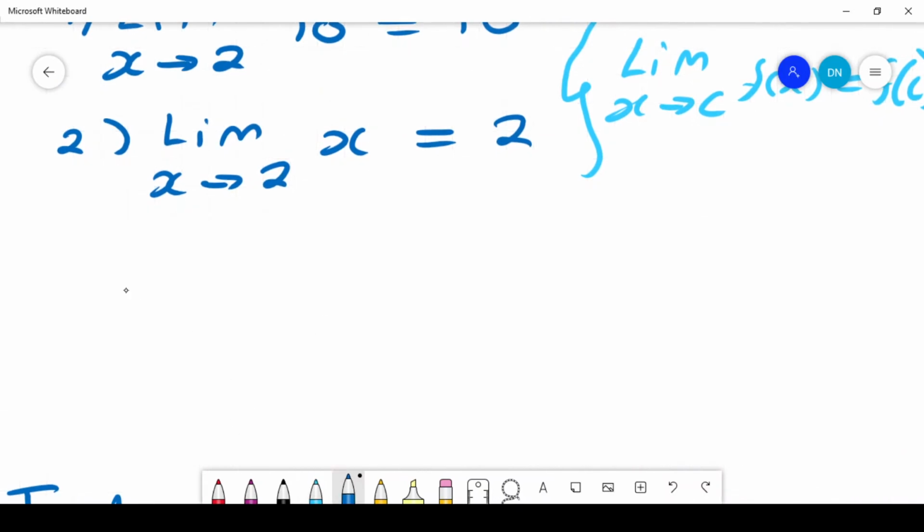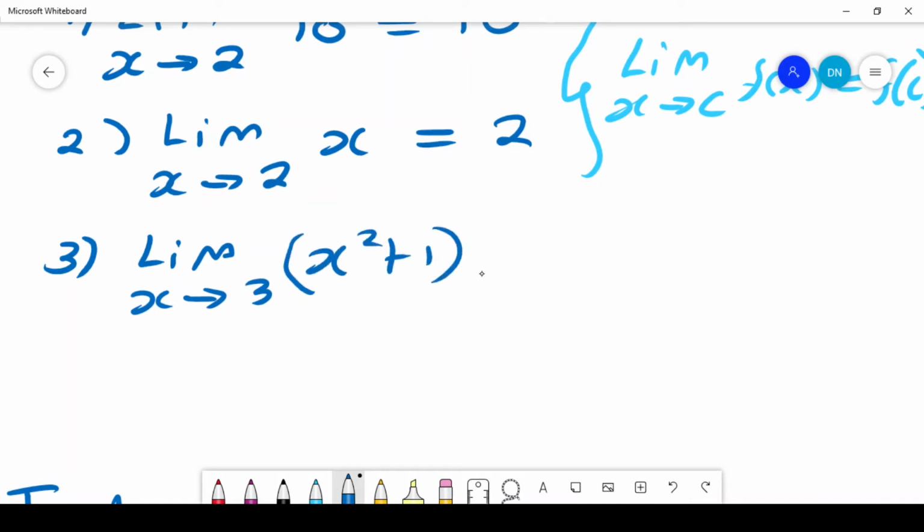That means if we have another example, and in this case I want to get the limit as x tends to 3 of x squared plus 1. Basically, this will be 3 squared plus 1, and that will give us 9 plus 1, which is 10.